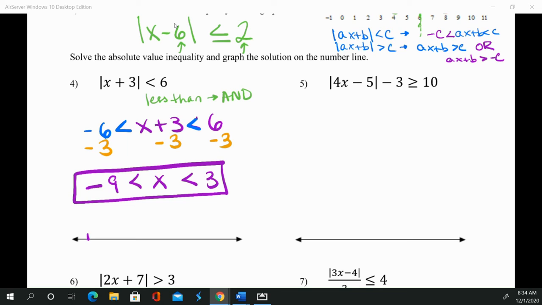I'm going to increase by 3 just so I can fit all these values on my number line. It's open at both 3 and -9. And it's an and, so we shade in between.